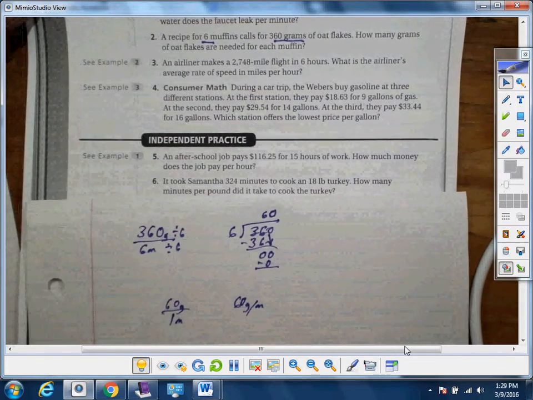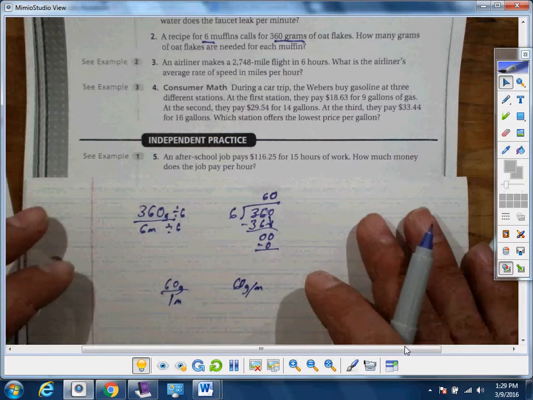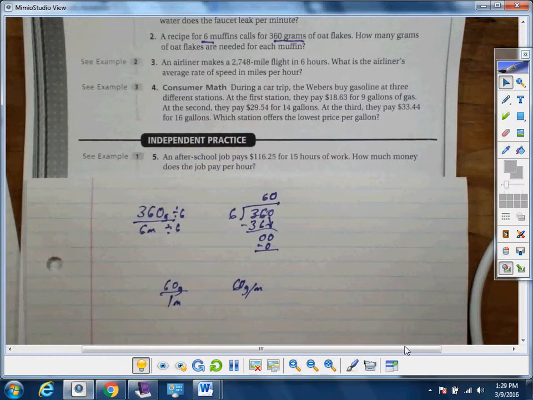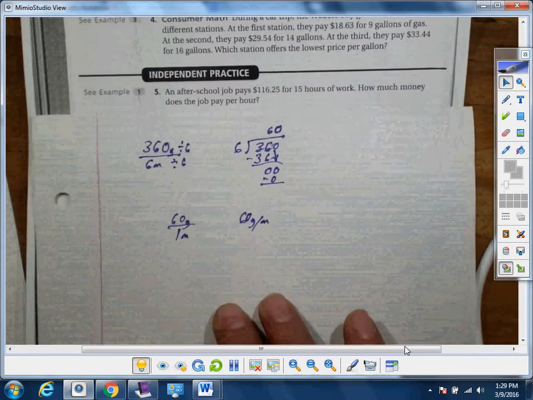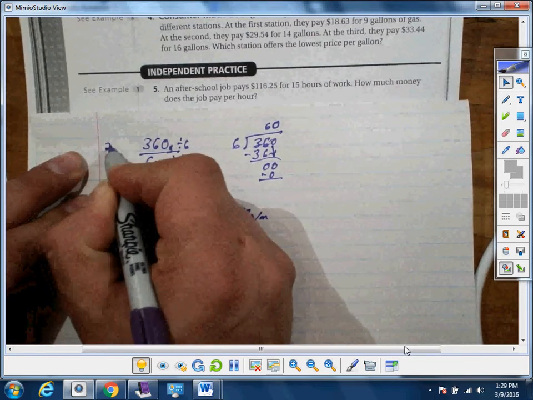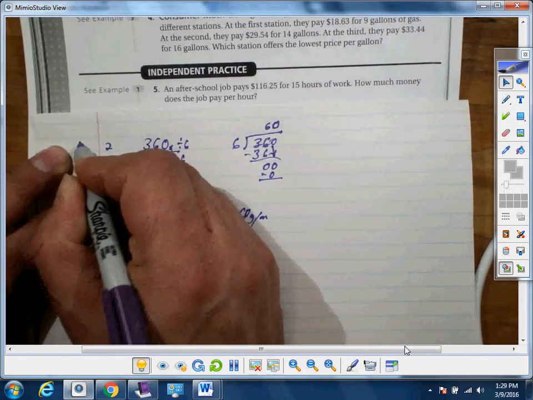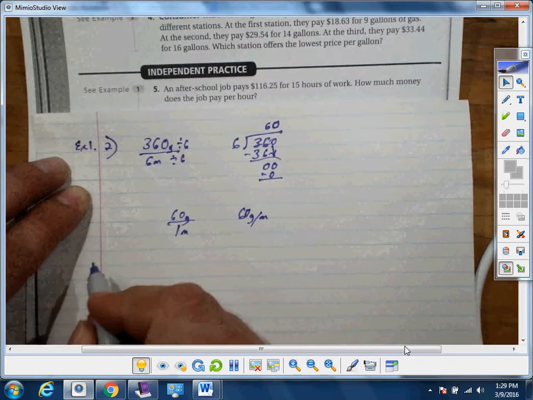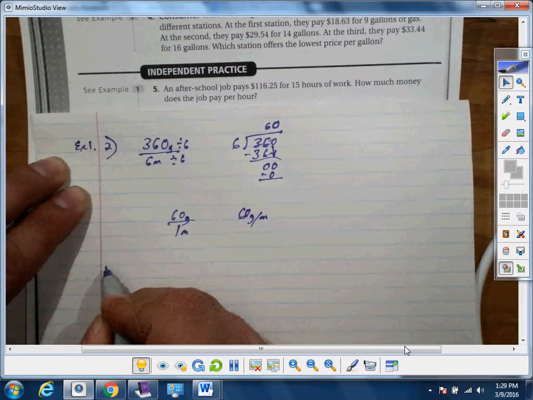We're going to try an independent one. We're going to make this independent practice a we do. So we're going to do this 5 as a we do. That was number 2, example 1. So now we're going to go on to example 1, number 5.